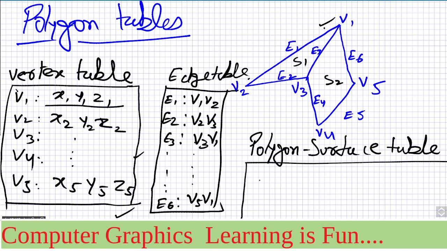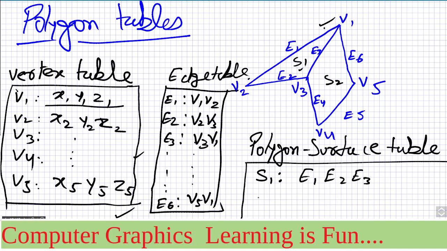So for S1, if I store the information as the set of edges, it will be helpful. The set of edges for S1 is E1, E2 as well as E3. So E1, E2, E3 makes one surface, S1.